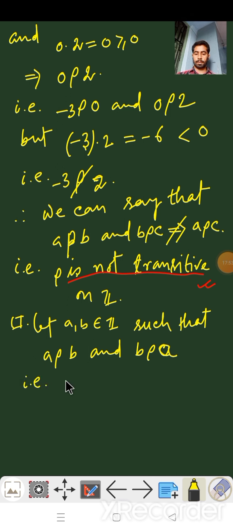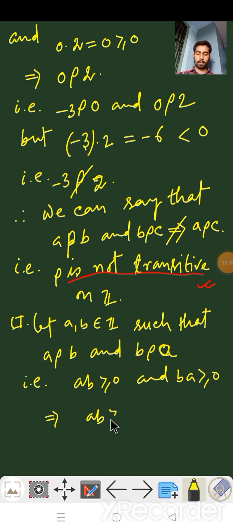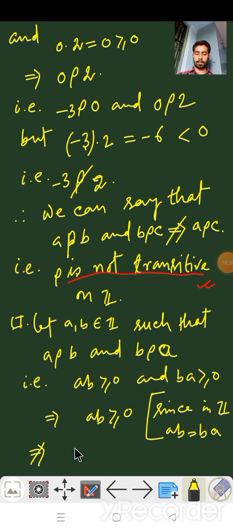That is, ab ≥ 0 and ba ≥ 0, which implies ab ≥ 0, since in Z ab equals ba, but this does not imply that a equals b. For example, if we take a equals 2 and b equals 3, then ab ≥ 0.